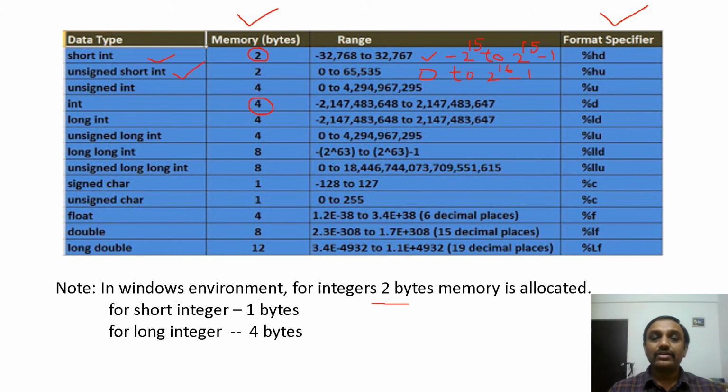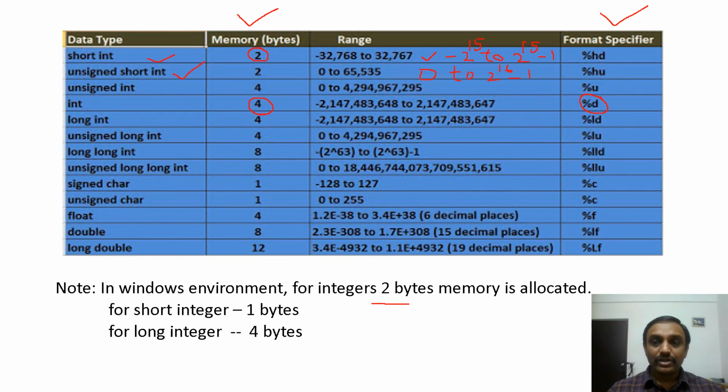If you are reading two integer numbers, for example, how do you give your format string? For integer, it is percentage %d. So two times we have to give percentage %d in the format string.